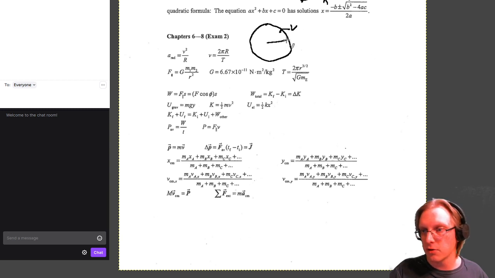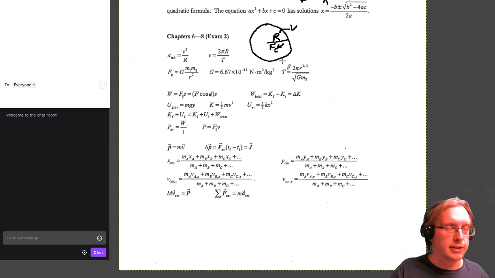The circle obviously has a radius, r, and in order for this object to keep going in the circle, there must be a centripetal force, Fc, pulling inwards. It must be provided by something. In the case of orbits, that something is gravity. There are a non-zero number of problems involving buckets going around in circles on a string, in which case the tension, another conditional force, is providing the force necessary for that centripetal force.